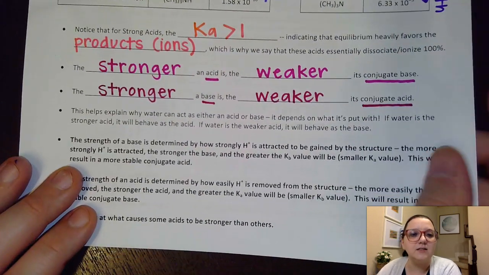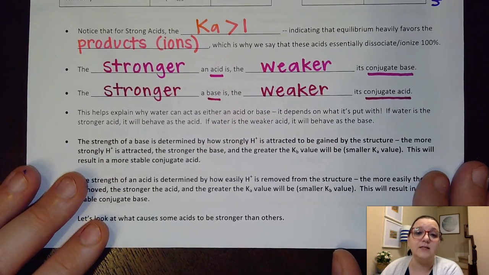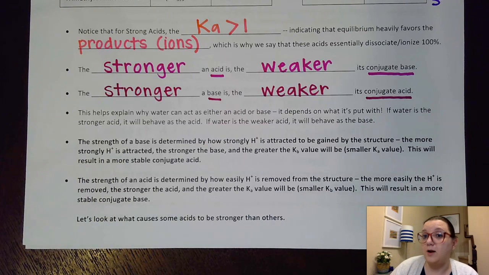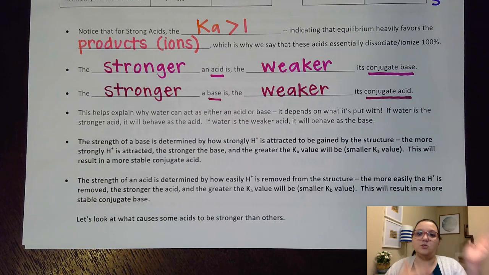All right, let's keep on looking here at some of the other statements. First off, it does say to notice that for the strong acids, the Ka values were greater than 1, which indicates that equilibrium heavily favors the products, in this case, the ions that I'm making in the solution, which is why we say that those acids essentially ionize 100%. So again, when those Ka values are so large like that, we assume that we're really not doing any kind of equilibrium whatsoever, that essentially we're just going straight to product.